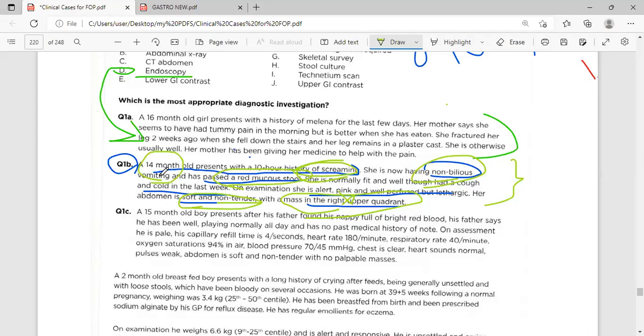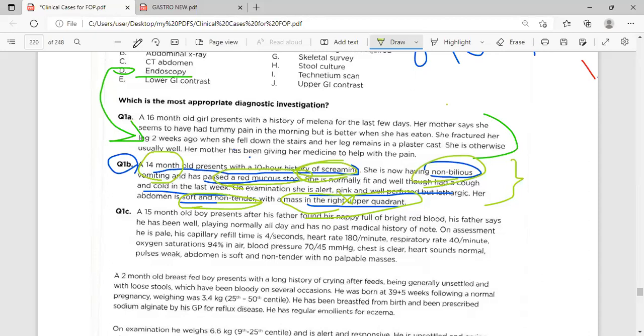When do we get bilious vomiting, and when do we get non-bilious vomiting? It happens with obstruction. If the obstruction is above the junction of the duodenum, that is, above the ampulla of Vater where the bile duct opens, we'll find non-bilious vomiting.